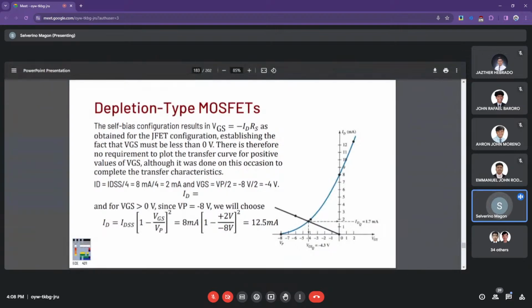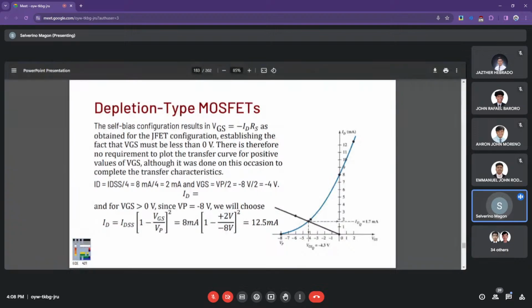So we do not need to plot this now because we already have the trivial solution for the zero ID and the VP or VGS.